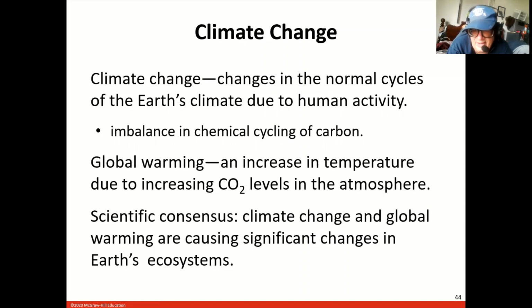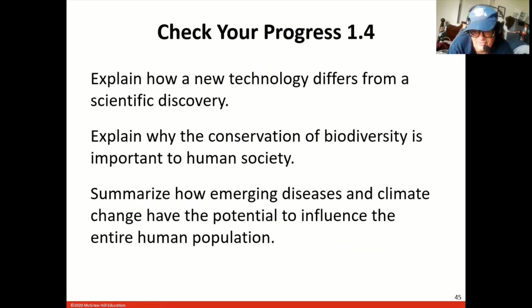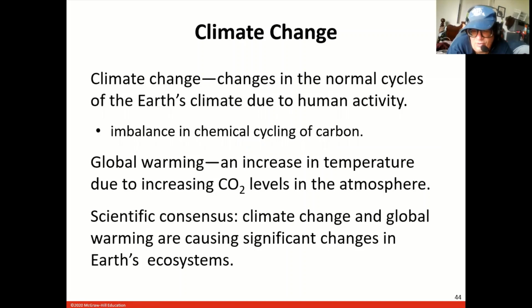I really don't like the term global warming, though, because that implies we'll always make things warmer. In some places, it's not going to make the world warmer. It's going to make it drier. Unfortunately, that'd be places in the Midwest where we grow a lot of corn and wheat and things we use to feed the country.